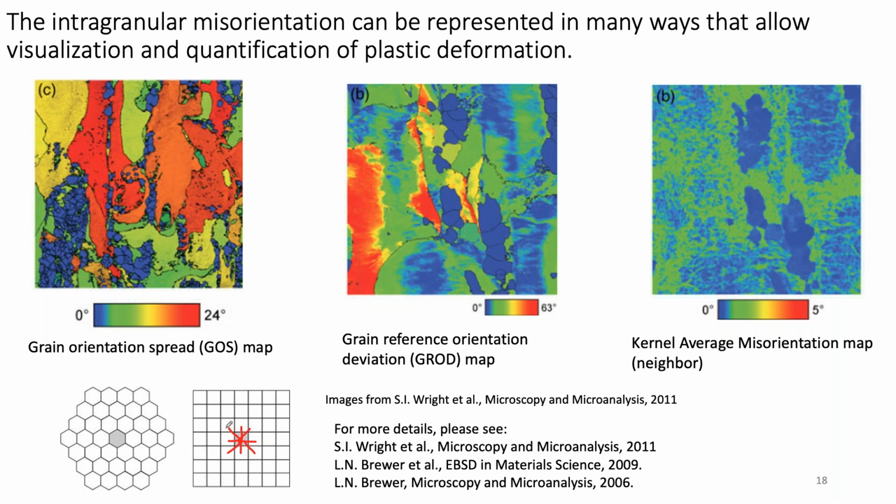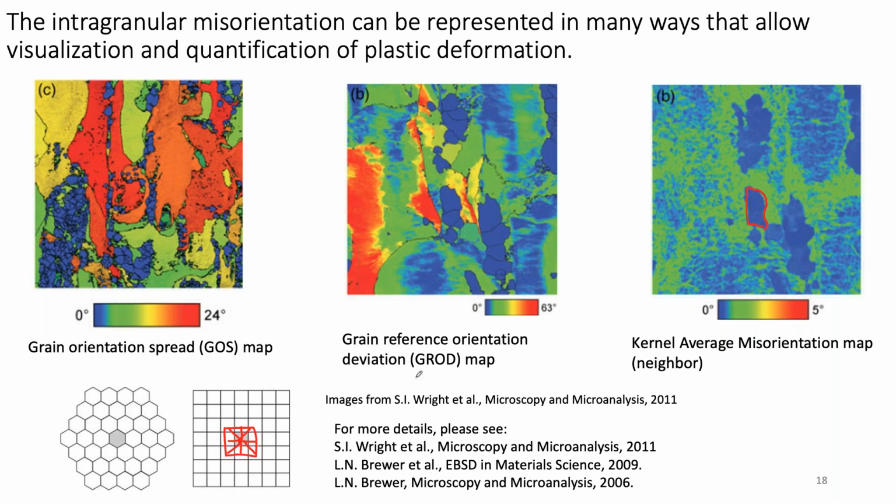But the general idea is that I take the average misorientation amongst the center pixel and its neighbors, and I assign that value to the center pixel. And so locally, regions that have high misorientation will show up. You can actually see these green areas. It's nice at showing networks of geometrically necessary dislocations. And then areas that really don't have any local deformation show up very nicely as well.